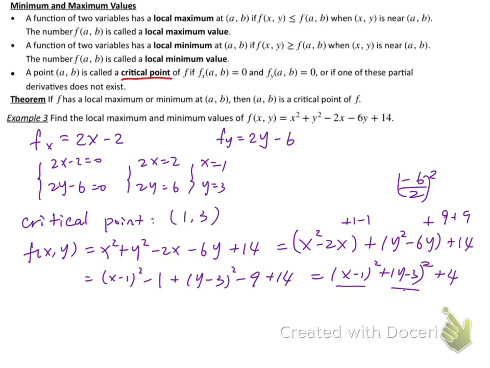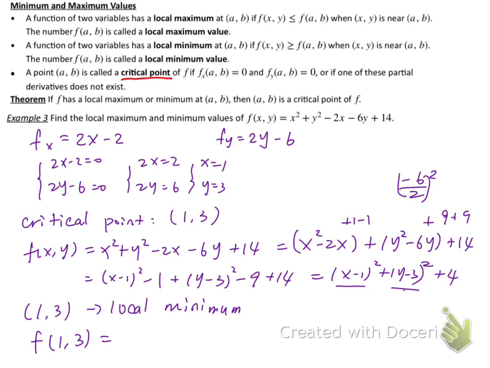So that tells me that (1, 3) is a local minimum, because when x and y are not 1 and 3, the f value will be greater than 4, because at least one of the perfect squares won't be 0, which means positive.